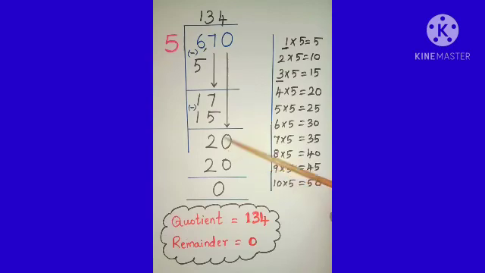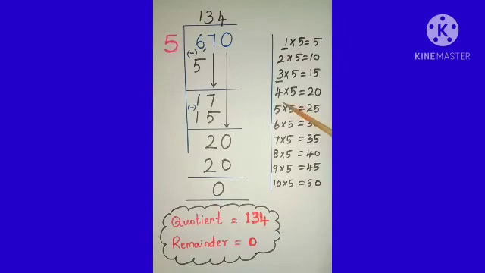Again, see the table. Where is 20? Yes, here 4 into 5 is 20. That is, 20 is exactly divided by the divisor 5. 4 into 5 is equal to 20.